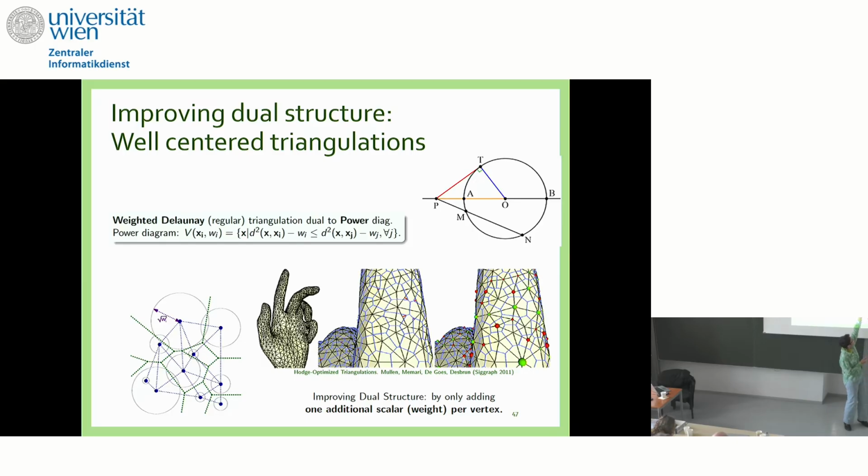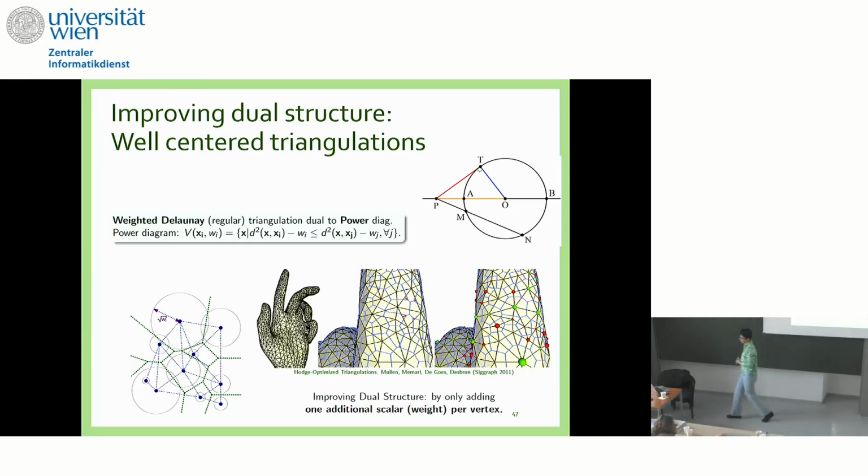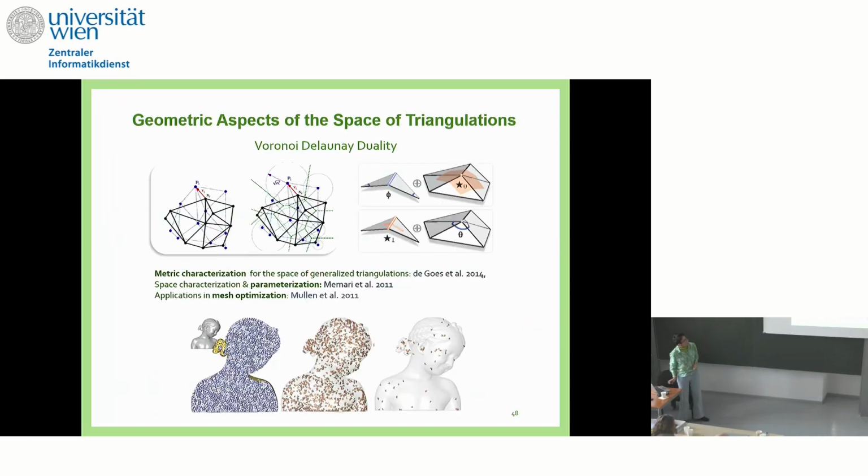By keeping the initial primal mesh as is, I can adjust the scalar weights that move my dual structure in order to make the triangles well-centered, which would improve the numerical stability of my Laplacian, and that would be interesting for some discrete analysis of my simulations.